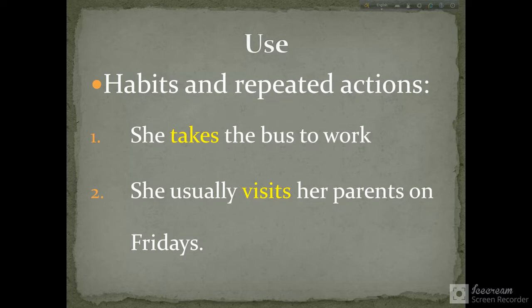So we have two examples here. The first one is she takes the bus to work. So my dear friends, in this sentence we see that when she is going to work, she is using the bus as the transportation.